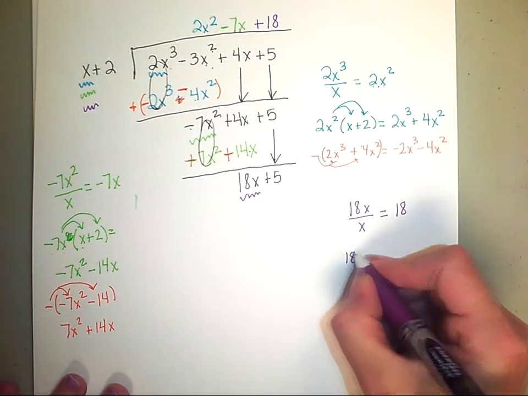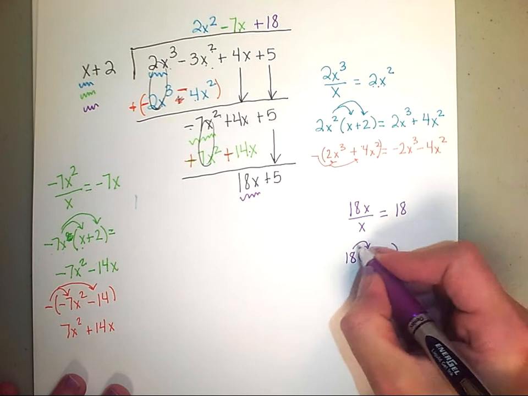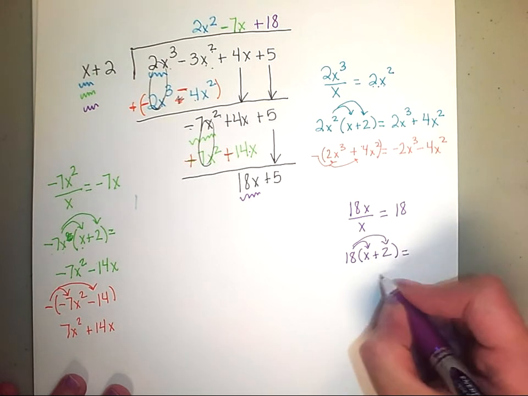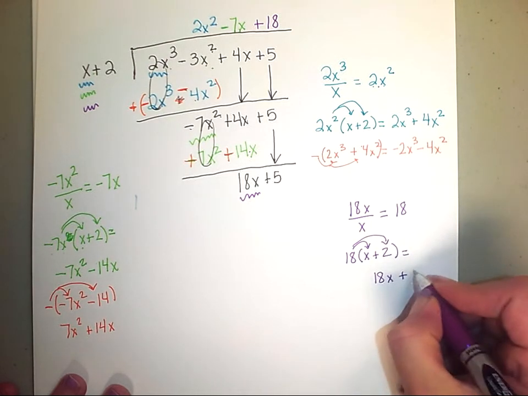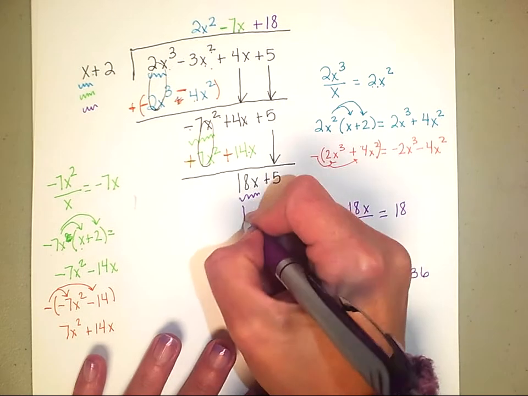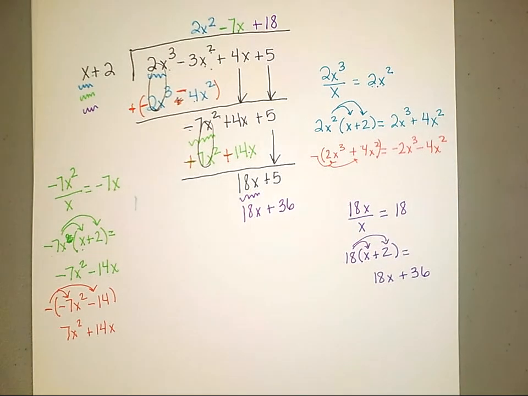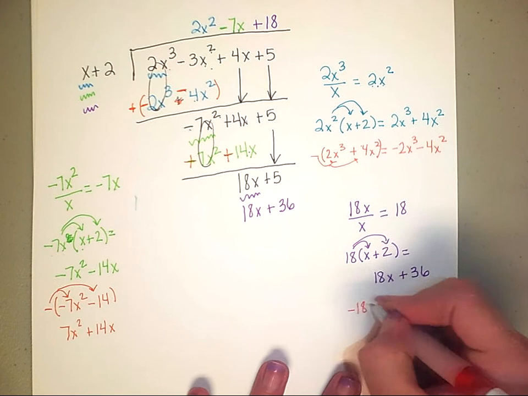And then we'll take 18 times x plus 2. Distributing that through, we get 18x plus 36. And that's what we'll write up here. But remember that we have to subtract it, so we'll distribute the negative.